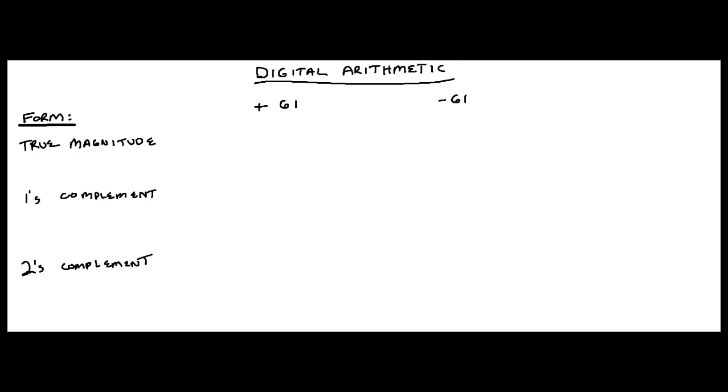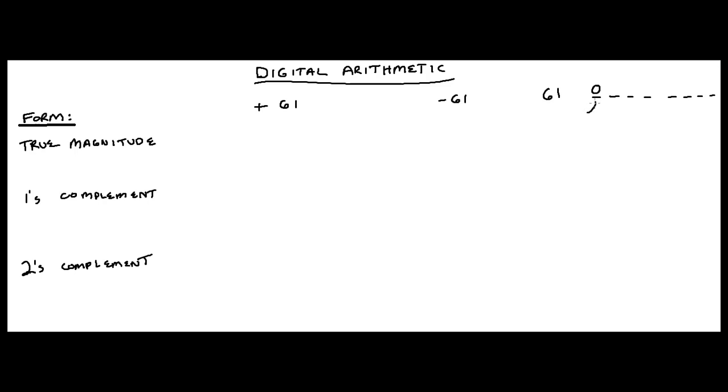All right, everyone, welcome back. So let's first find the true magnitude of 61. I'll do that over here, okay? So I'm going to write 61, and we can just write 8 bits. Well, we know this bit is going to be a 0 because that's your sign bit, right?